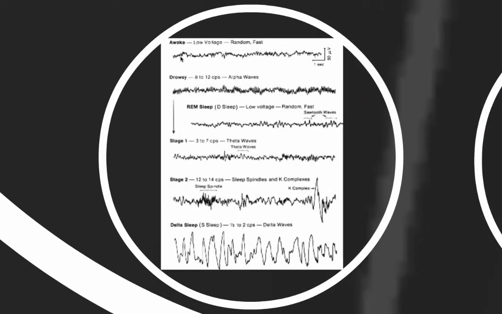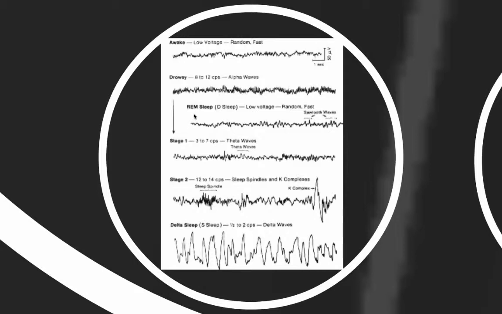Here are some EEG forms presented. During wakefulness, we have random, fast, high frequency waves. These are the alpha and beta waves. While you become drowsy, these waves can slow down, as we see here, but we still have alpha waves characterized by their amplitude.